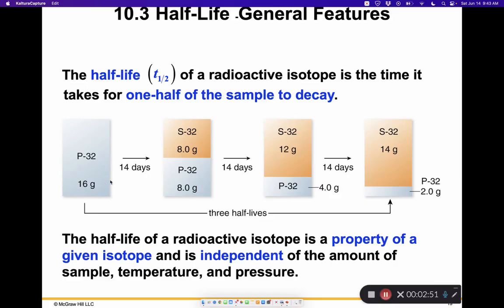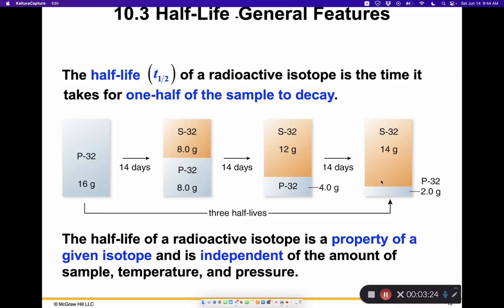It means one half-life has elapsed. The phosphorus-32 has 14 days as its half-life, because 16 gram has been reduced to just 8 gram. So the duration of time it takes for one half of the sample to decay is called the half-life. Similarly, if another half-life elapses, the 8 gram will decay and we have just 4 gram left.